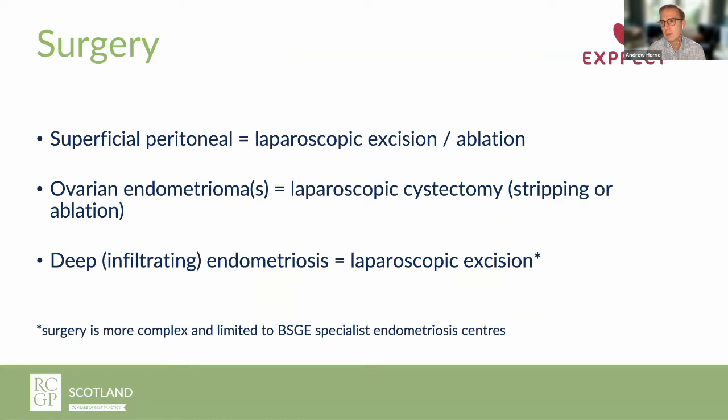The challenge with ovarian surgery is, of course, that balance between preserving as much normal ovary as possible and preserving fertility in what is often a young patient who maybe hasn't completed their family. And then, as I say, with regard to the deep disease, because this is often involving other pelvic structures such as the bowel and the bladder, this tends to be limited to BSG specialist centres.